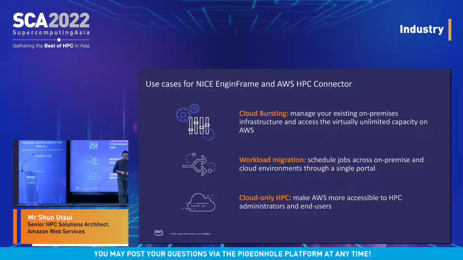And the great benefit about that is that you can really leverage the benefits of cloud. So for example, if you want to access the latest FPGAs, you can do that through NICE EnginFrame. If you want to test your workloads using ARM CPUs, that's possible with our Graviton instances.